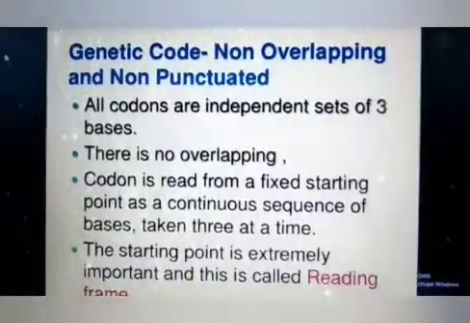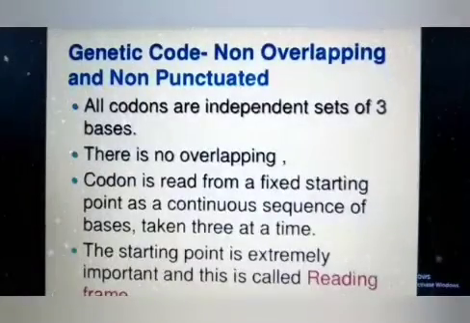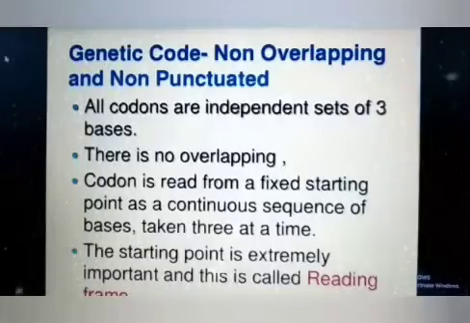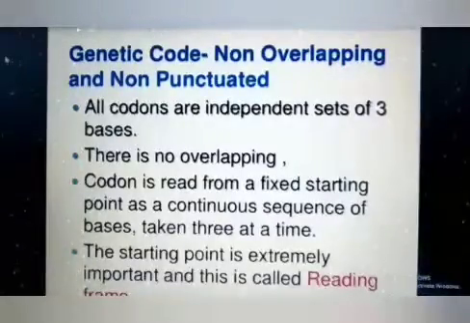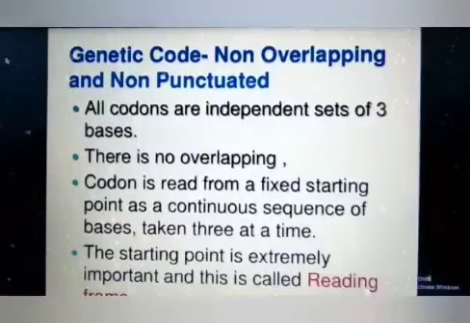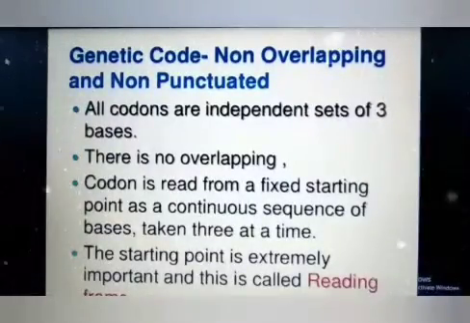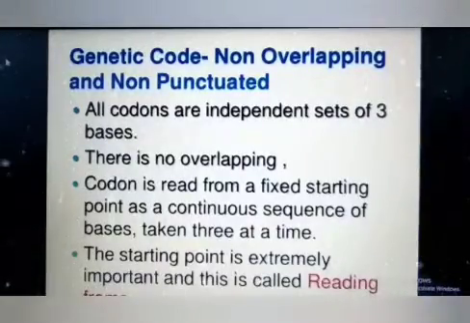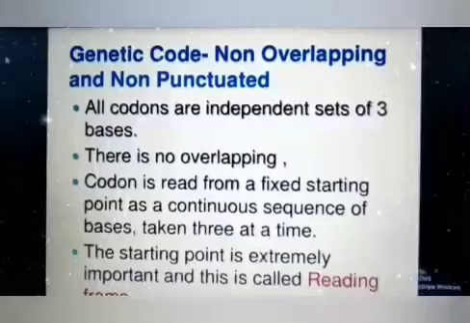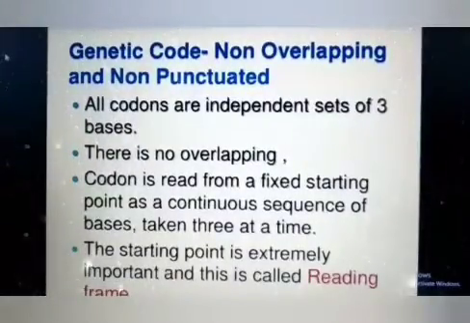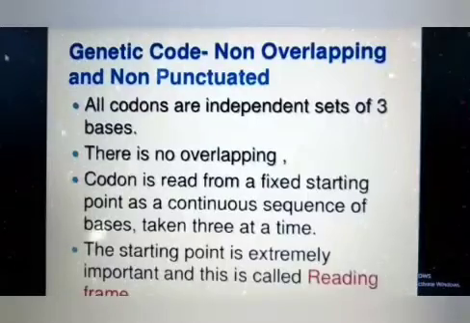Next, genetic code is non-overlapping and non-punctuated. All codons are independent sets of 3 bases. There is no overlapping. Codons are read from a fixed starting point as a continuous sequence of bases taken 3 at a time.